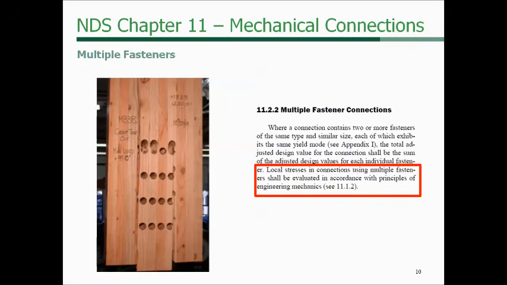But net section properties are very important to connection design, and the individual design values that you pull out of the table do not account for net section properties of the wood members, those local stresses in connections.